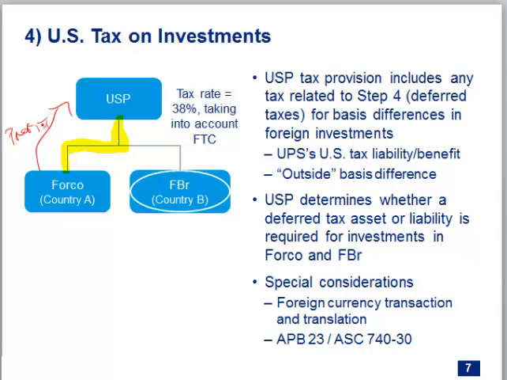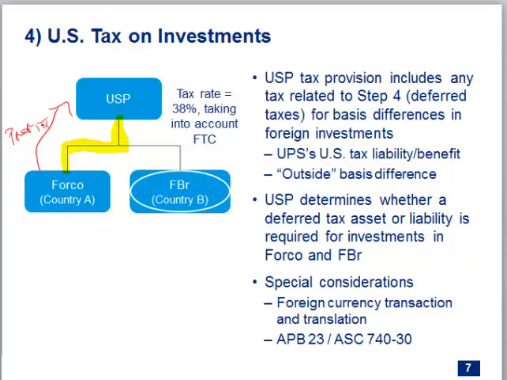If you watch the testimony, it was all about why don't you pay dividends back to the U.S.? They try to politicize it, but the answer is, of course I don't want to pay U.S. tax. U.S. tax rates are really high, and if there's a way to not pay 35% on the dollar, I will pleasantly select that option. So when you think of USP in this example, they own Forco, and Forco's making money, and from a provision perspective, what you need to determine is whether there is an outside investment tax issue where you need to accrue today, essentially in anticipation of those dividends.